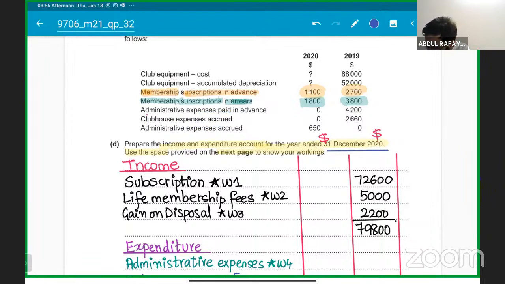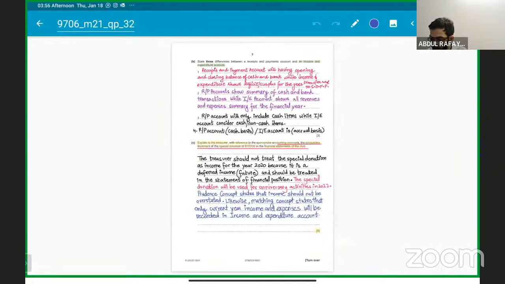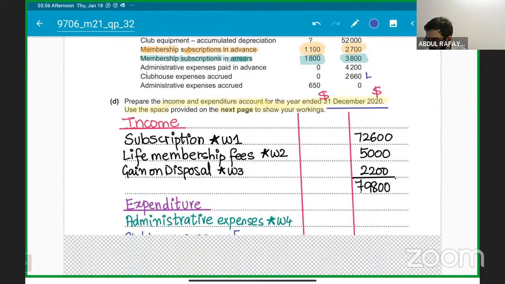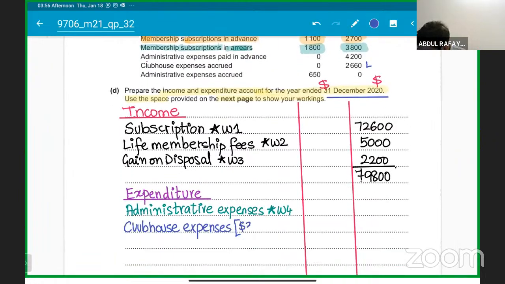At the start of the year the liability is there. At the end there is no liability. So you can say that this will be coming on credit. You have made the payment for clubhouse expenses 37,000. It means that the income and expenditure account is how much? 37,000 minus this 2,660. Understanding, students, clear?